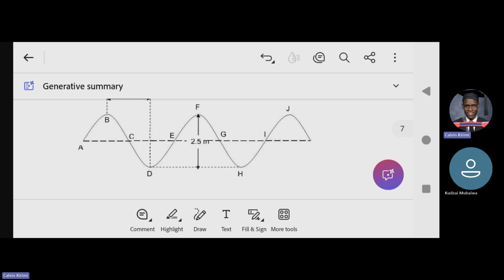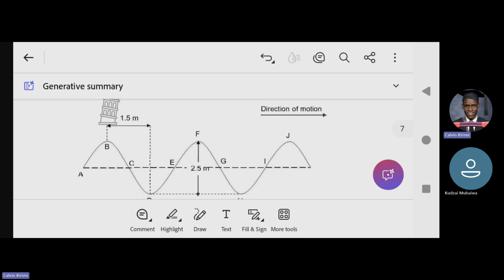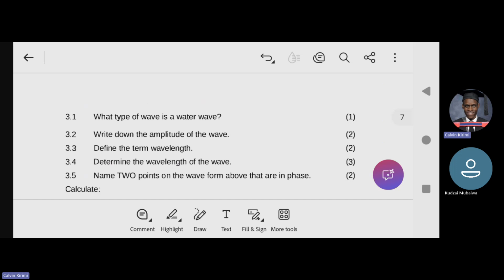For example, from B to what? To F. B and F are successive points in phase. So that is what we call wavelength. Can you see we're applying the theory which we're reading from your scope?